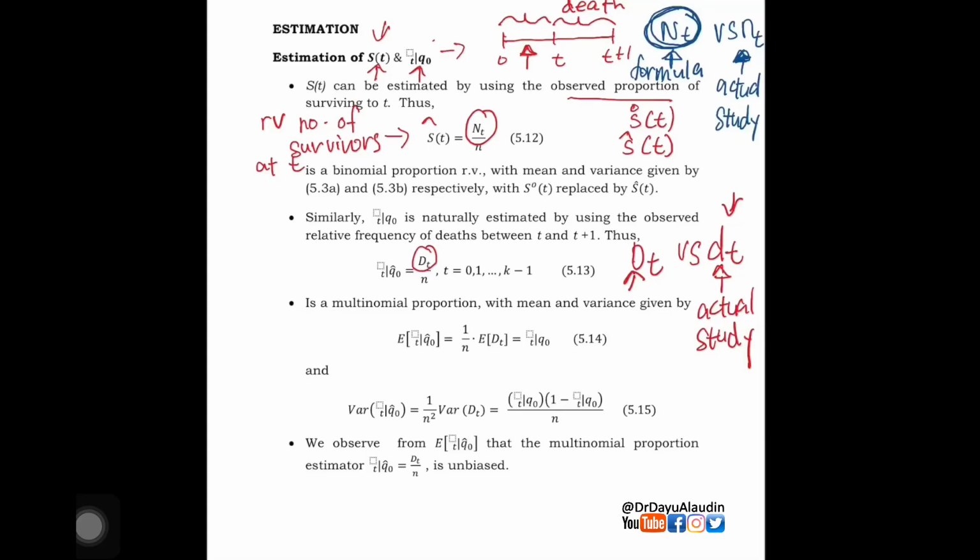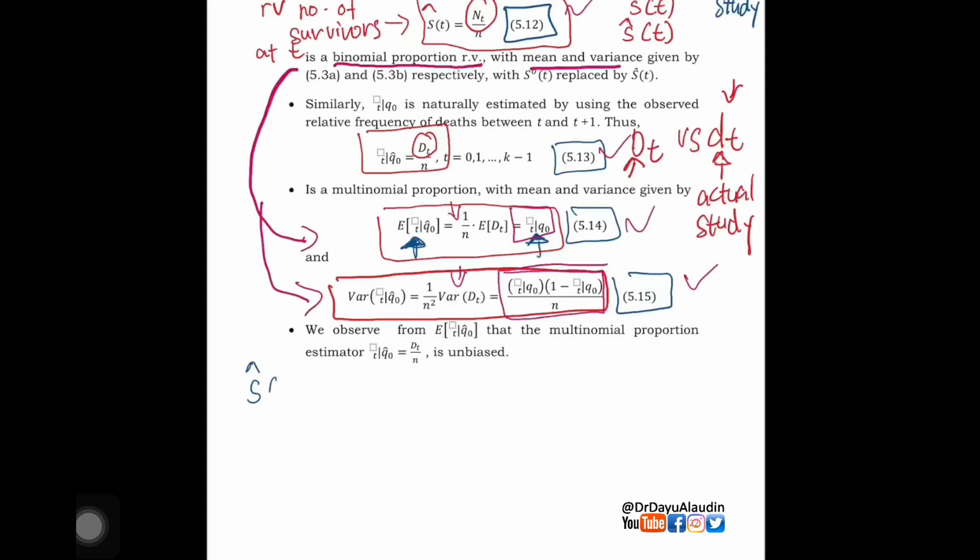So there are many formulas for this part, so I will touch only the important ones. For the S(t) estimator, we have N_t over N. And then we have the conditional probability of death, so the estimator we use has a hat.